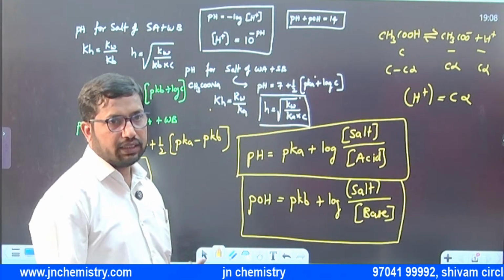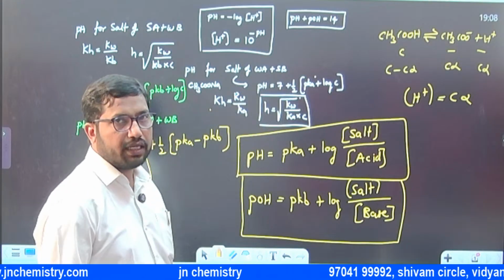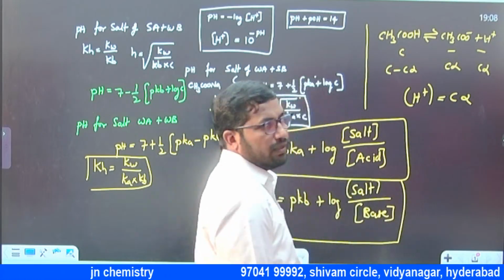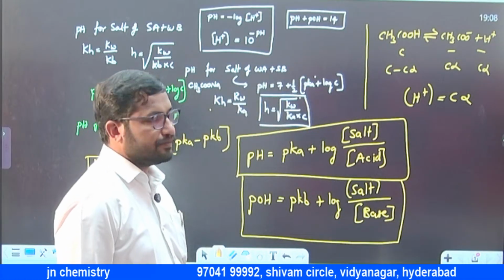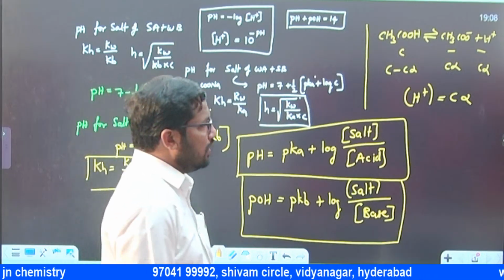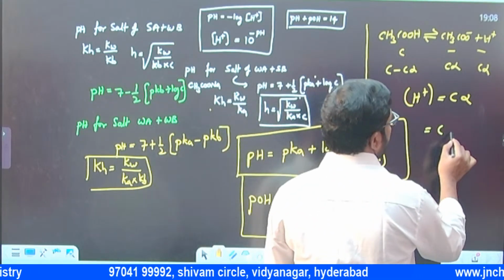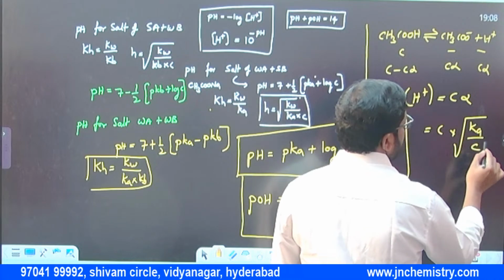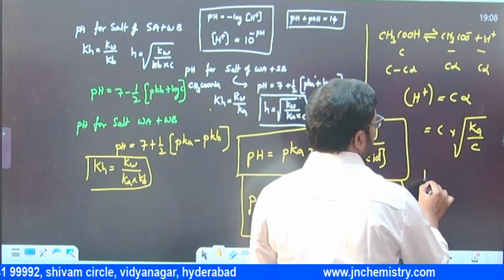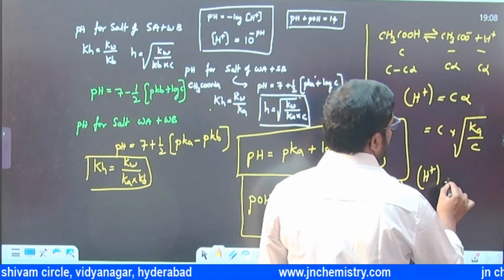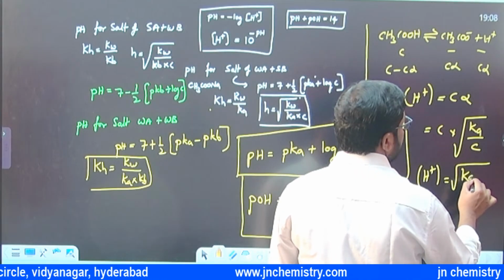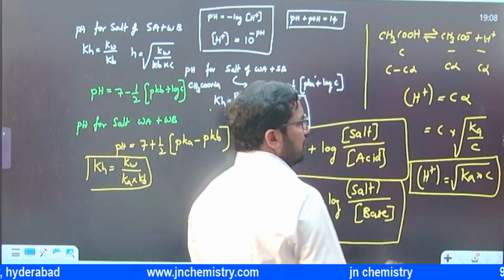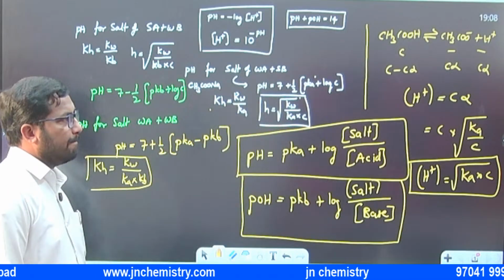So if we know the concentration and alpha, then we can calculate the pH for weak acids. What is alpha? Alpha is equal to under root Ka by C. So H plus ion concentration is equal to under root Ka into C.